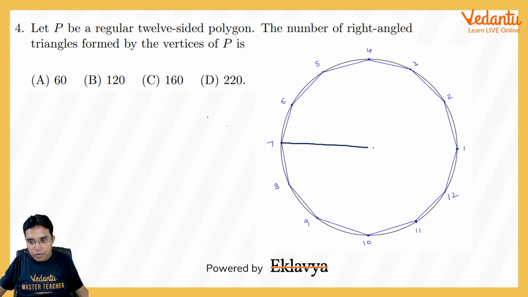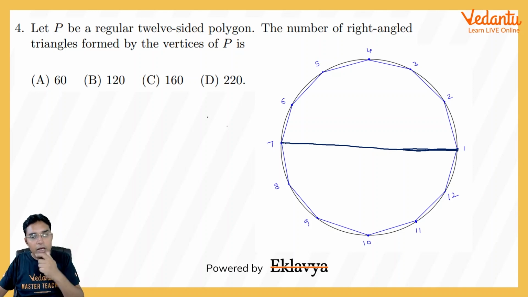Let me join 1 with 7, which are diametrically opposite in this circle. If you have chosen 1 and 7, then whatever vertex you now choose, your triangle is going to be right angled at that vertex. It will not be 90 degrees at 1 or at 7, but it will be 90 degrees at the third vertex that I am going to choose.